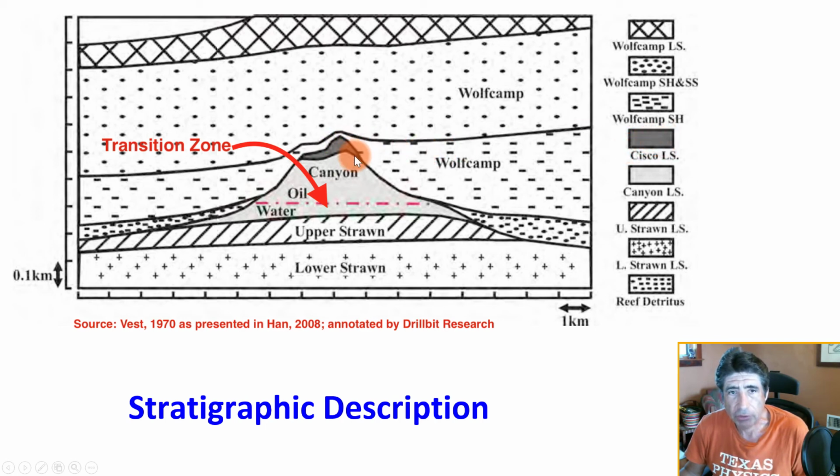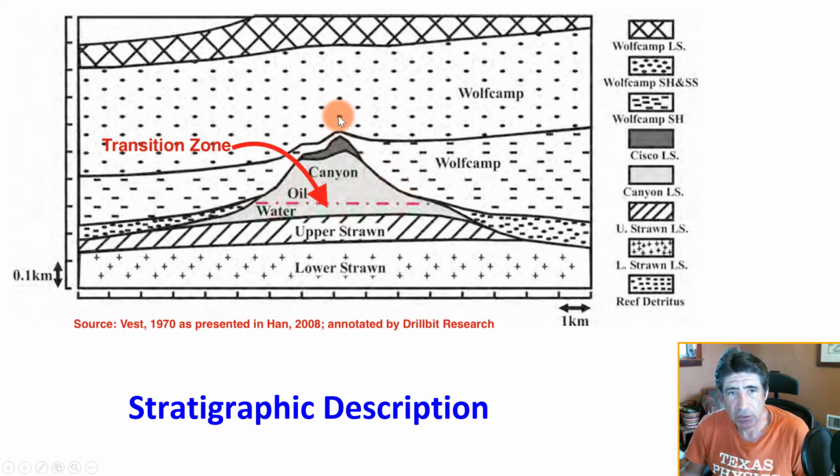We're going to see the boundary, and then below the Cisco limestone, we have the Canyon limestone, and all of these is saturated with oil. Before that, there's a transition zone, a capillary transition zone, below which we have the aquifer. That's the stratigraphic description of this.